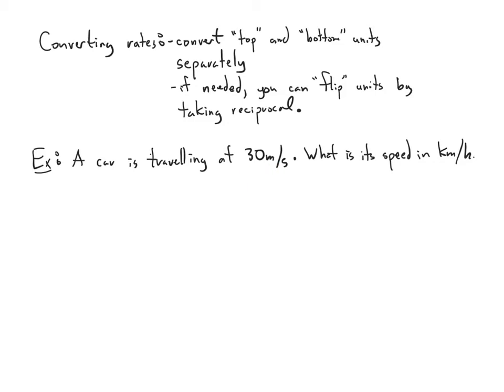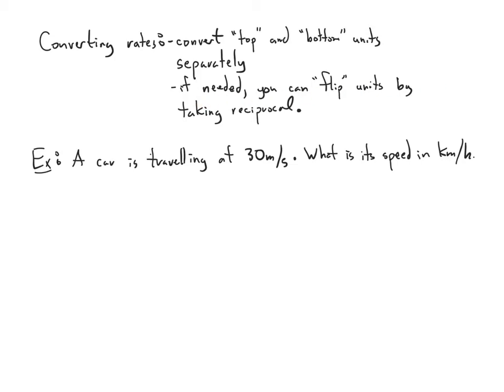So maybe we want to convert for whatever reason. And the whole idea with converting, we want to convert each unit, meters and seconds, separately to kilometers and hours. We can all do it in one line, but we want to do it separately and then do our multiplication. And I'll talk about this in the next example.